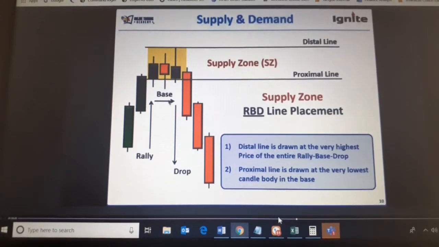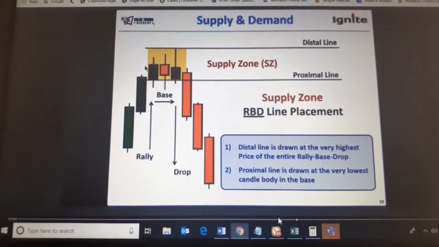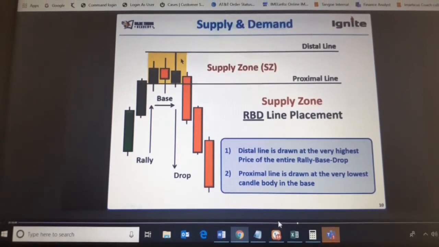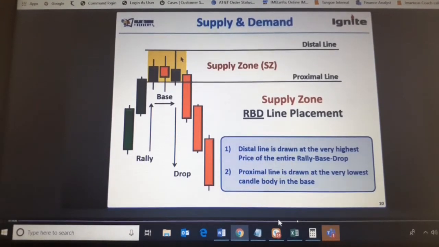Okay, now the distal line is drawn at the very highest price of the entire rally base drop, of the entire formation. So here this is the highest wick, that's why we have drawn the distal line over here. Okay, understood? Proximal and distal line in case of your reversal pattern.